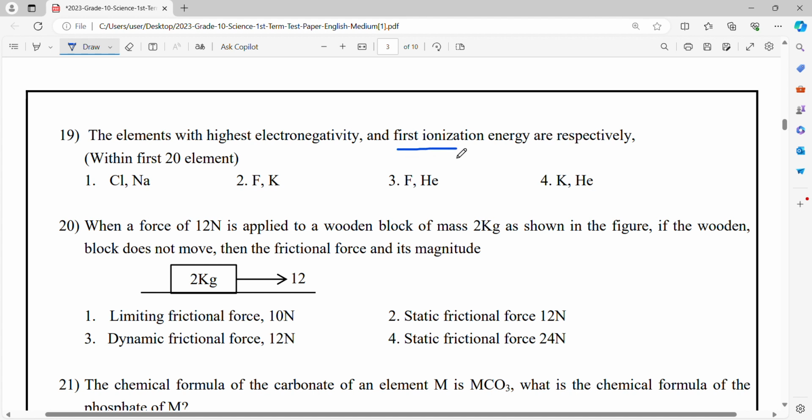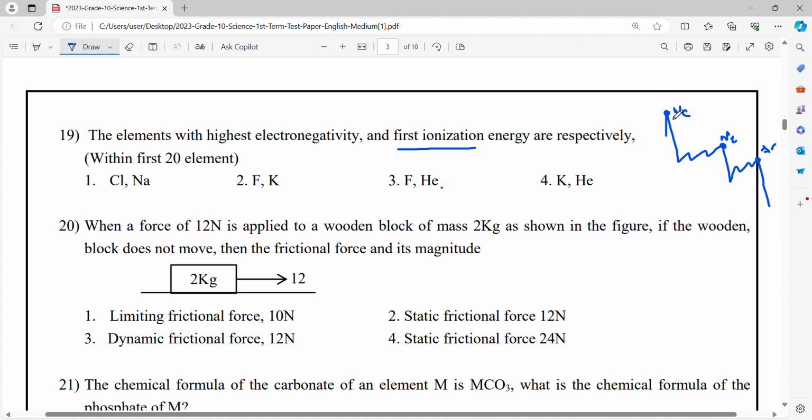The first ionization energy is highest in the group 8 elements. Helium has the maximum first ionization energy. In the top of the graph, the group 8 element will be present. Here helium, neon, argon.